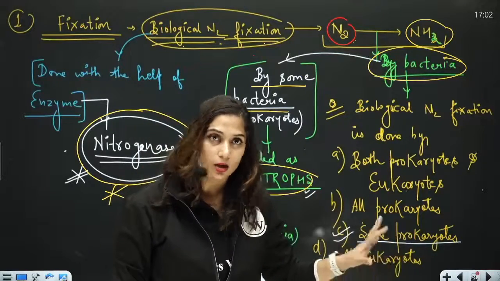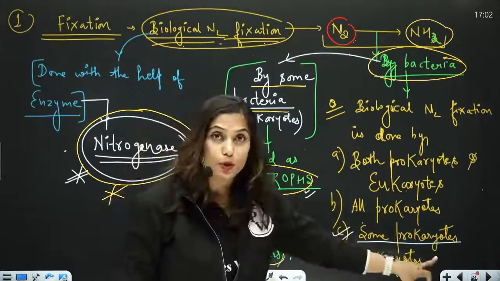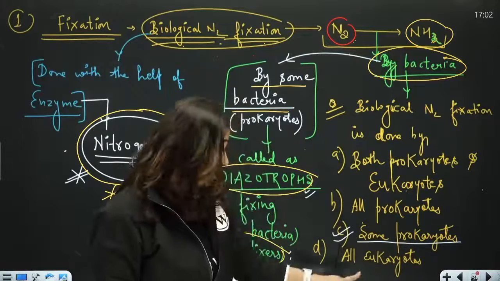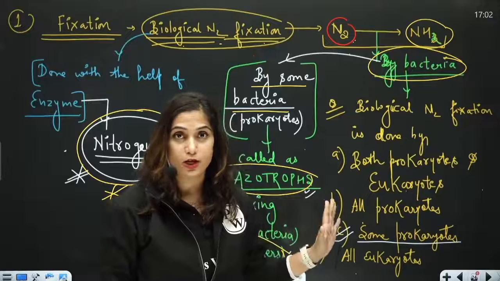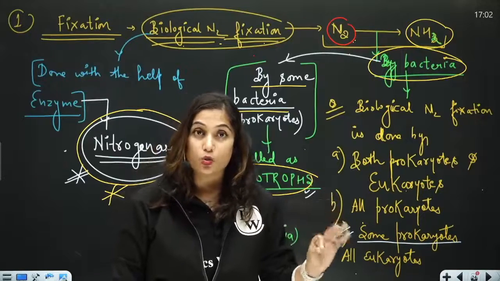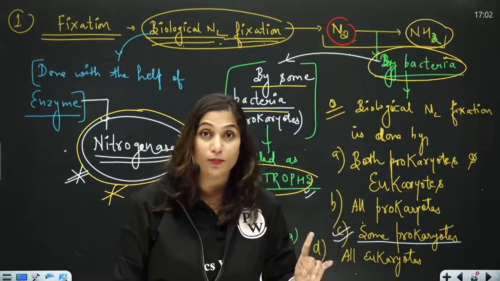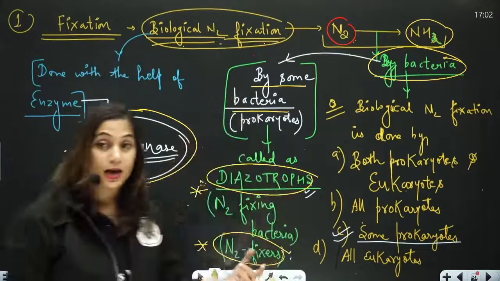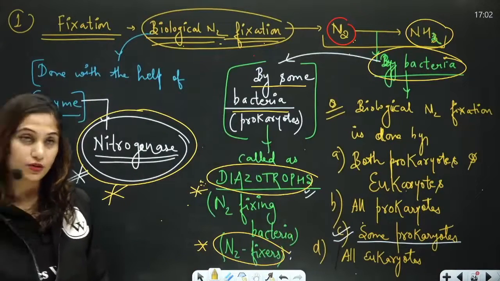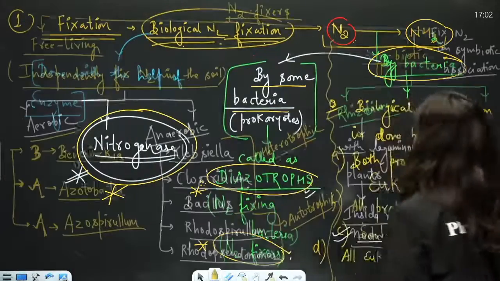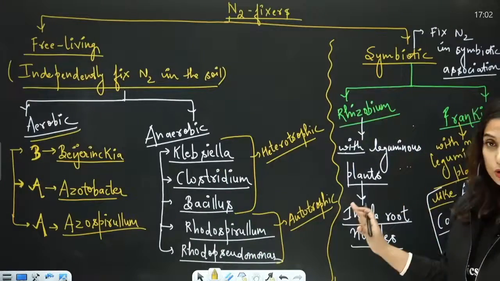No. Some prokaryotes? Yes. All eukaryotes? No. Eukaryotes cannot fix nitrogen. Only prokaryotes, only bacteria, and not all bacteria, only a few, and those few bacteria are called diazotrophs. Clear?